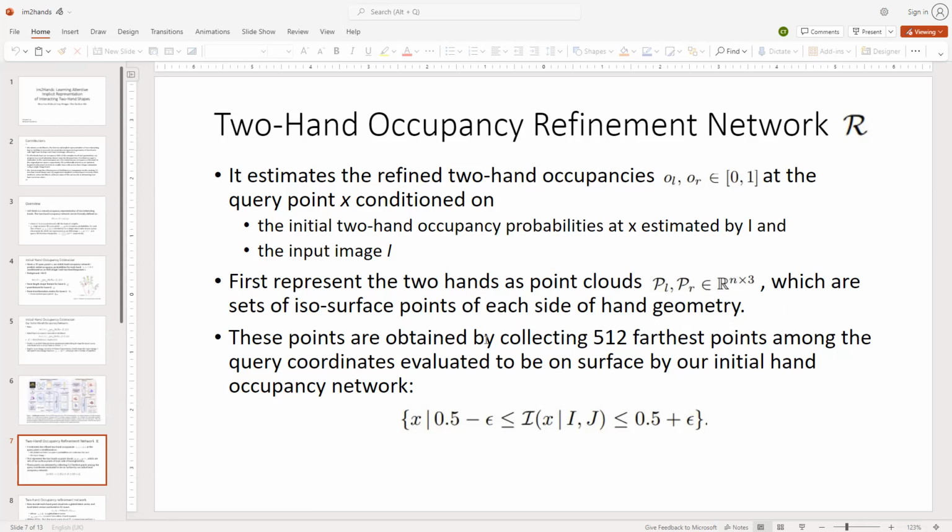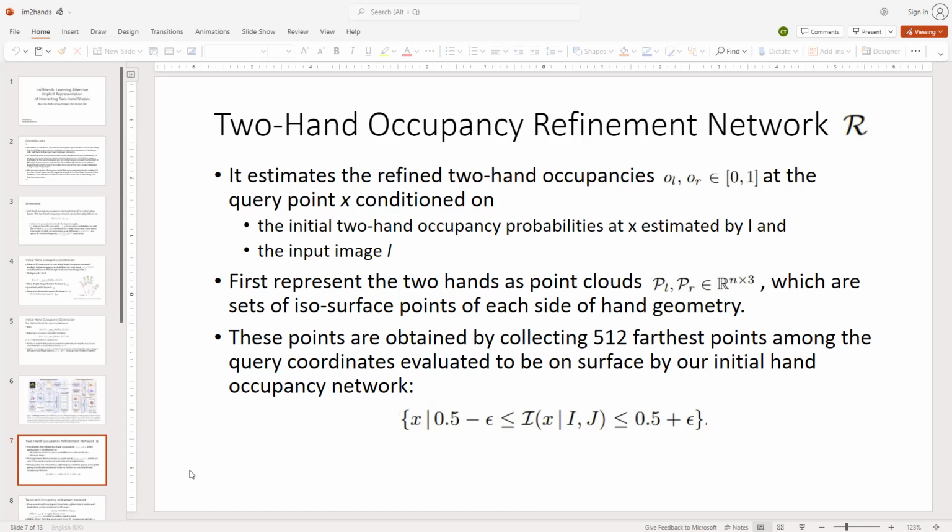These points are obtained by collecting 512 farthest points among the query coordinates evaluated to be on the surface by the initial hand occupancy network. So what counts as a surface could be like, an occupancy value of 0.5 could be thought of as somewhat closer to the surface of the hand. And you limit the search to somewhat further and closer to the points that return 0.5.